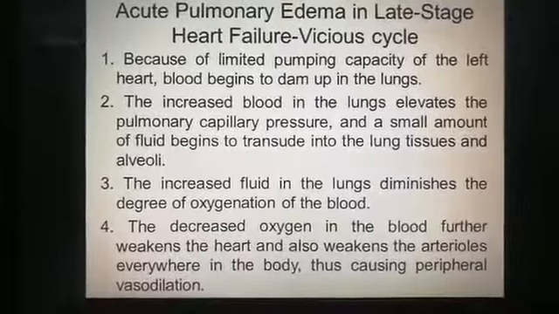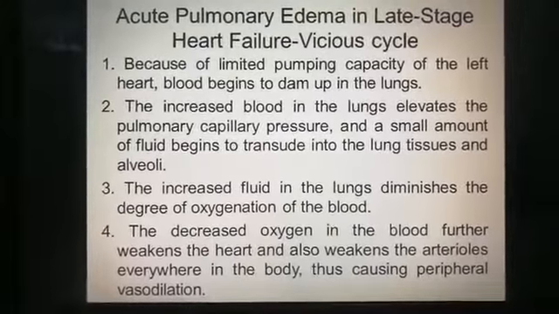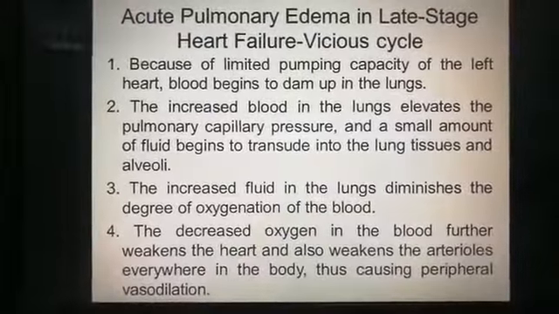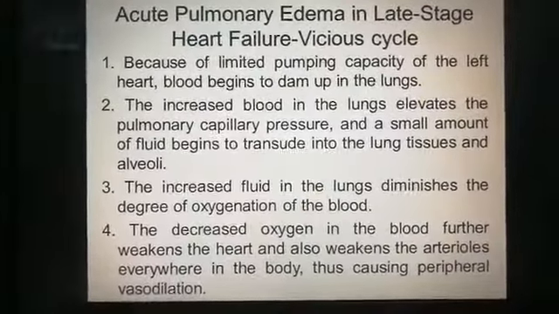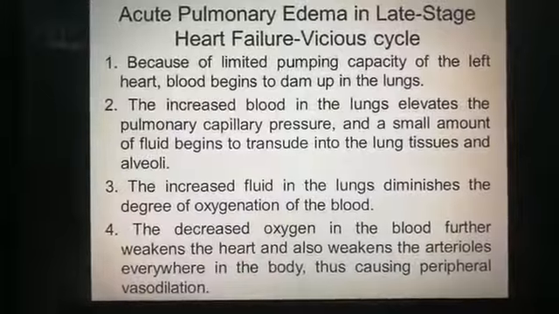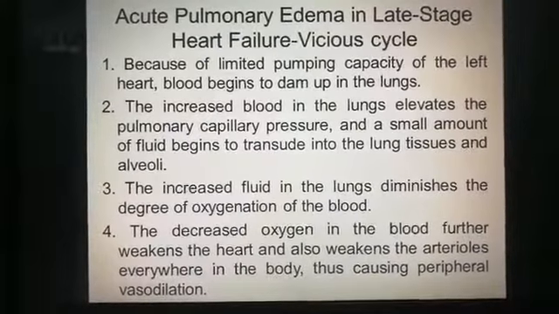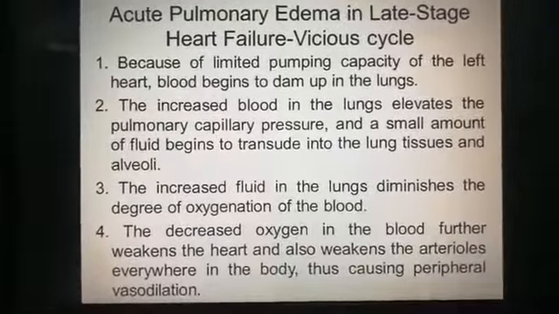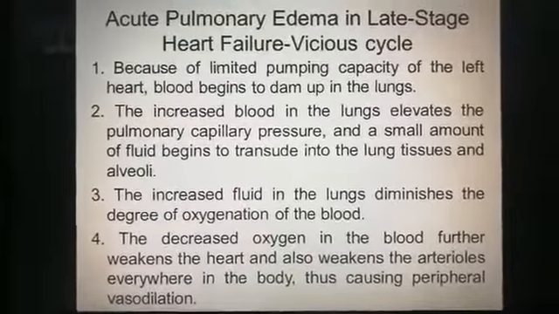When the blood is dammed or pooled in the lungs, the pulmonary capillary pressure increases, and due to this there is more movement of fluid from the pulmonary capillary lumen to the lung tissues.